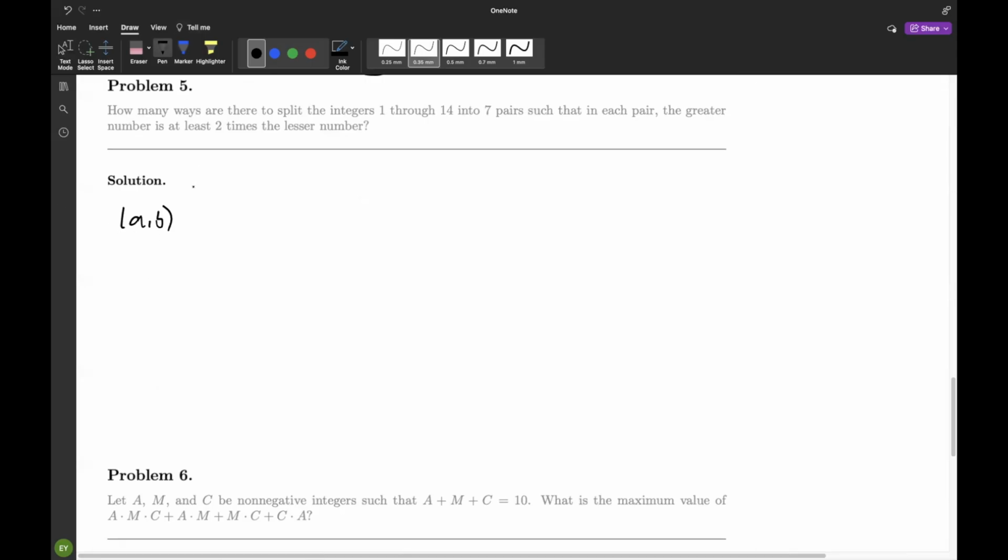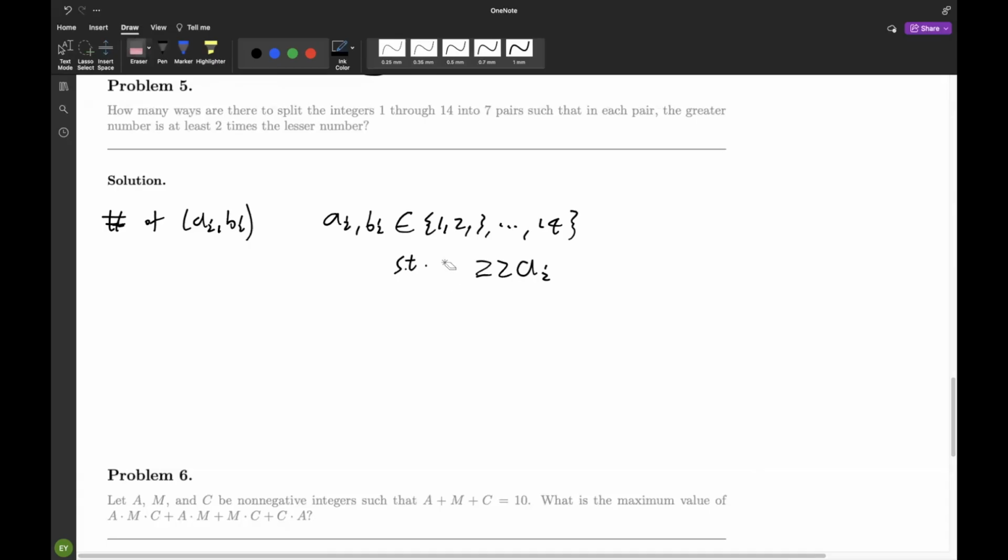They're asking for the number of ways to arrange a_i and b_i, where a_i and b_i are the elements of the set 1 through 14, and such that the greater number is at least twice the lesser. So this is what the problem is asking, and I just restated it.